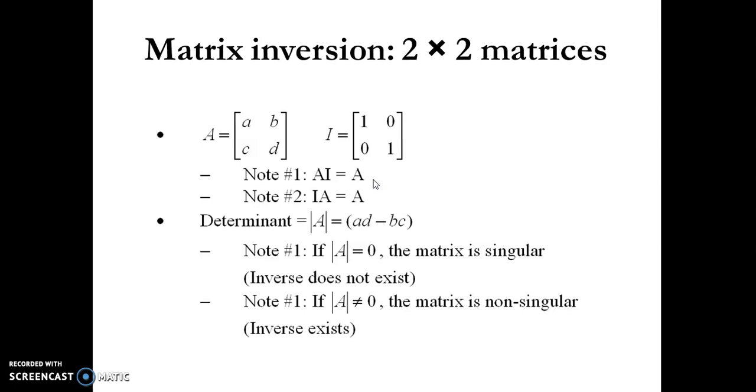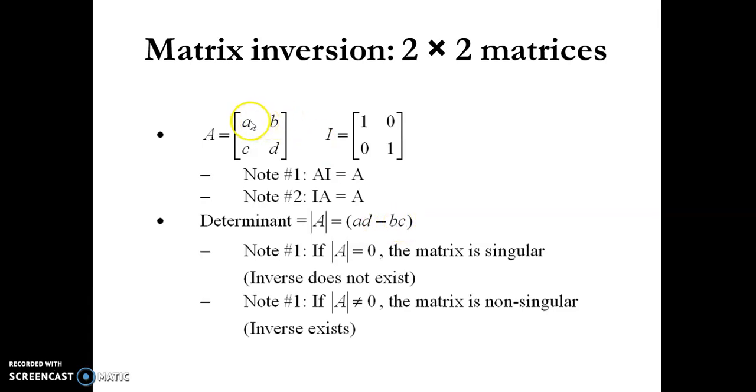The first step is to find the determinant. This is the notation for your determinant. To get the determinant of matrix A, you take the elements A and D and multiply them by each other, minus B and C multiplied by each other.